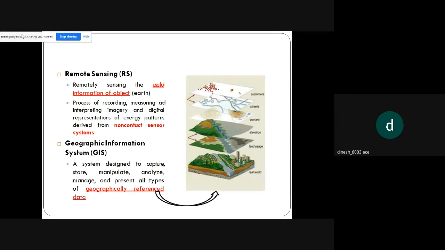In the real world, you have buildings, water bodies, forests, mountains, elevations, streets, roads, airlines, all those things. From the real world, the land usage is segregated, water usage is segregated, parcels, streets, customers are segregated. The function of GIS is segregating and analyzing them.